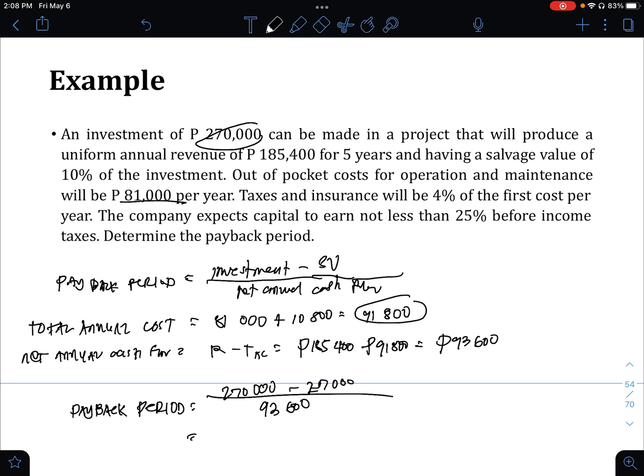That is 2.596, or approximately 2.6 years payback period.